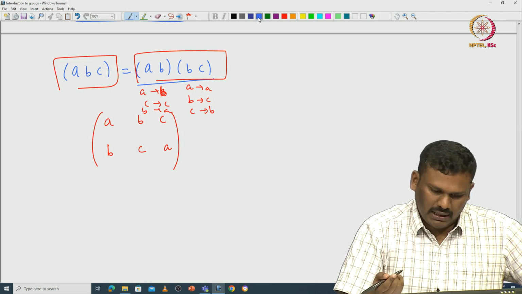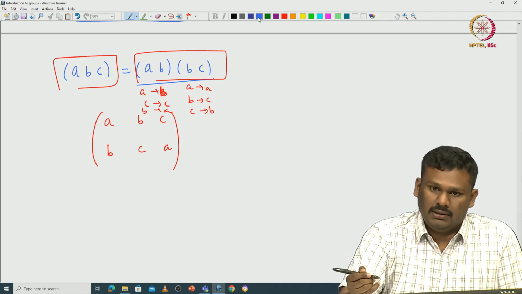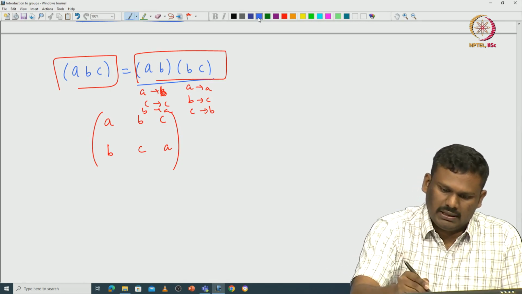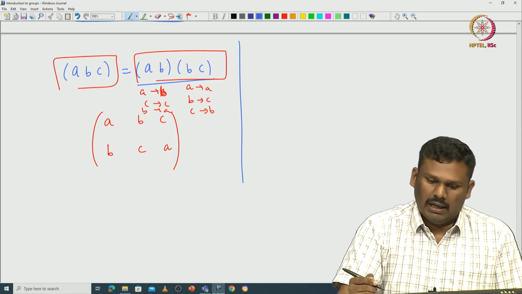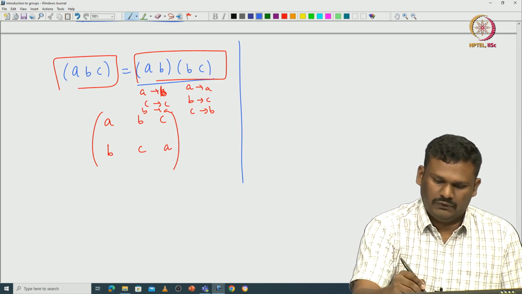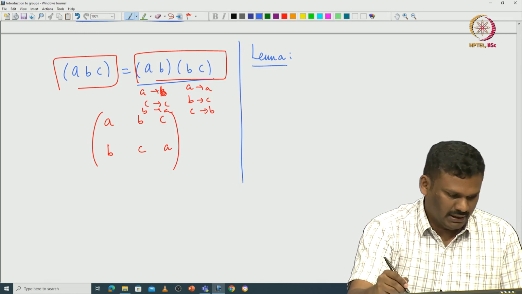But now one can ask the question, they are conjugate in Sn, but whether they are conjugate in An. So, that is indeed true only for these 3 cycles and under the assumption that n is greater than or equal to 5. So, here is the lemma, which will be used later.